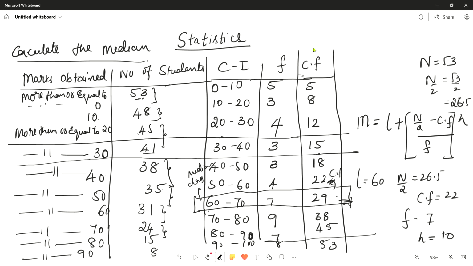F1, this is F1. So, frequency. This is F1. The frequency before the modal class is F0. So, F0 is 7. Next is the succeeding one, F2. So, F2 is equal to 7. Okay, h is 10. Substitute the values.